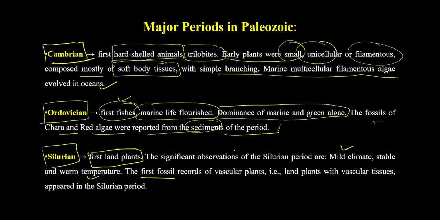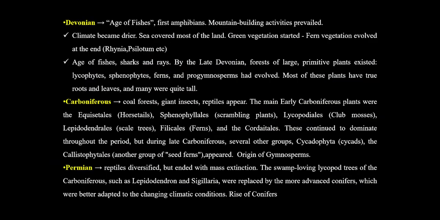The first fossil records of vascular plants existed in the Silurian period, land plants with vascular tissues. In the Cambrian period, only unicellular filamentous, primitive plants were present, but in the Silurian period, the land plants consisted of vascular tissues.